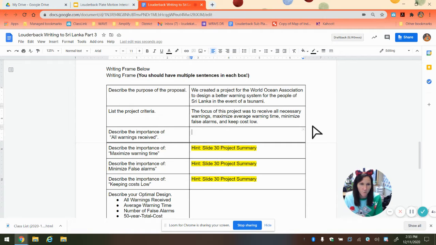The first one I'm going to help you with because we talked about it briefly in class, but we never did anything writing-wise with it. So it's describing the importance of all warnings being received.